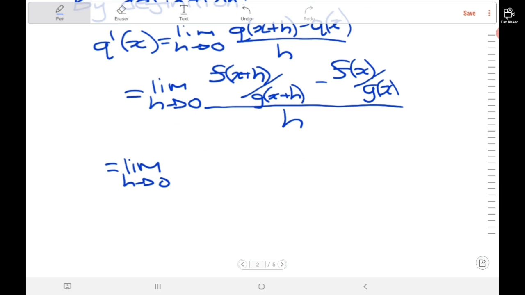So our first term has a denominator of g of x plus h. Our second term has a denominator of g, so we'd like to write these fractions so that the denominator is g of x times g of x plus h.